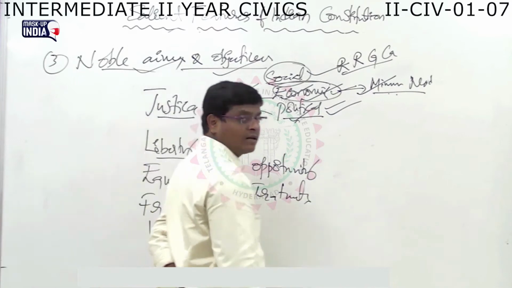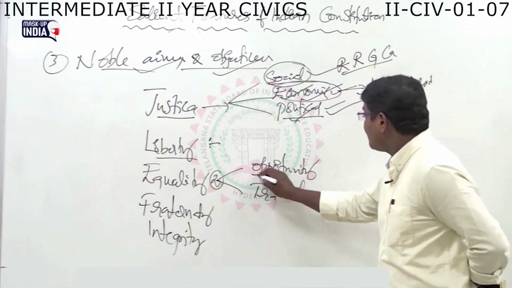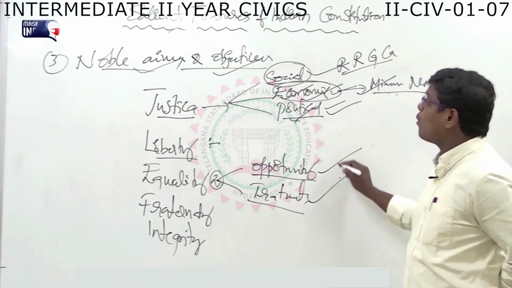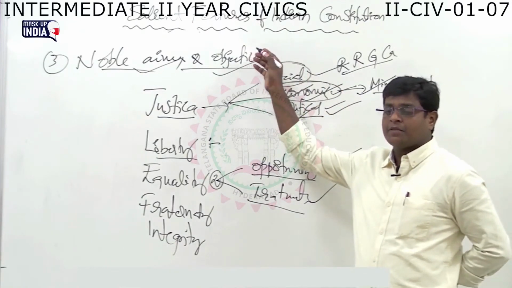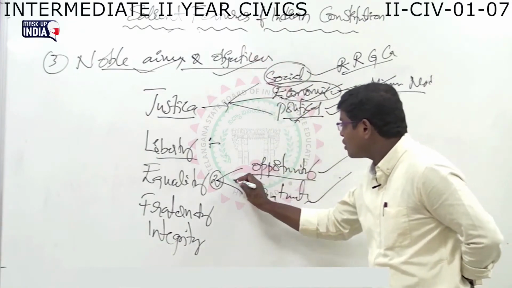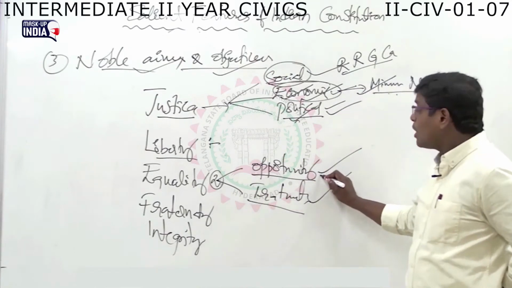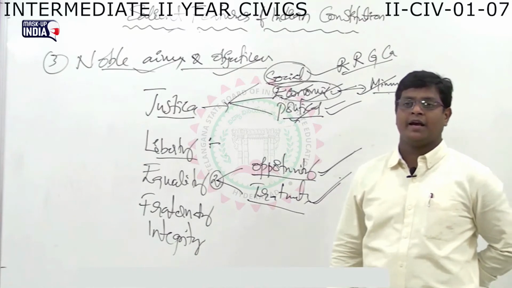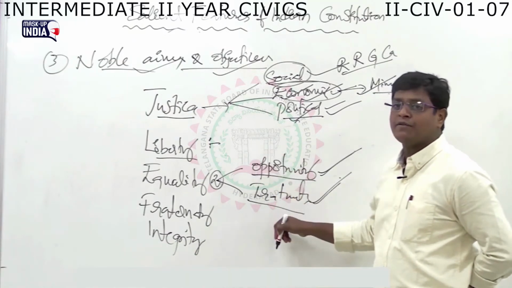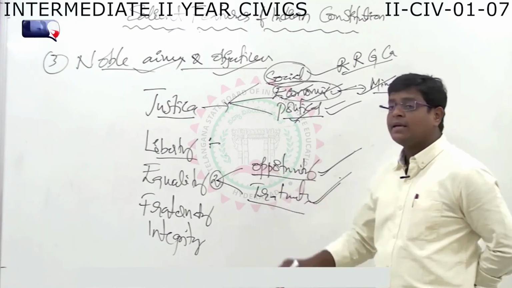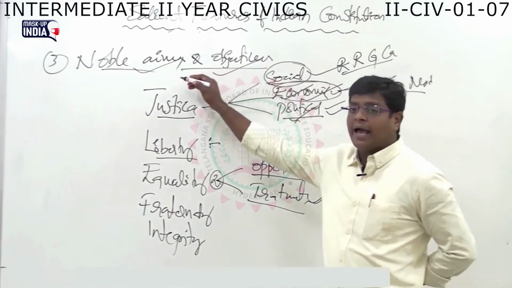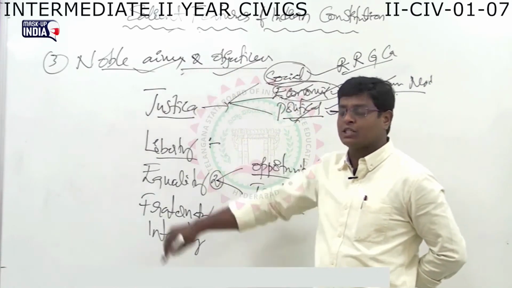Equality on 2 grounds, to be provided by the state. That's why the state of India shall provide equal opportunity and equal treatment to the people of India. That means elimination of discrimination for providing equal opportunity to all citizens of India, as a noble aim and objective.